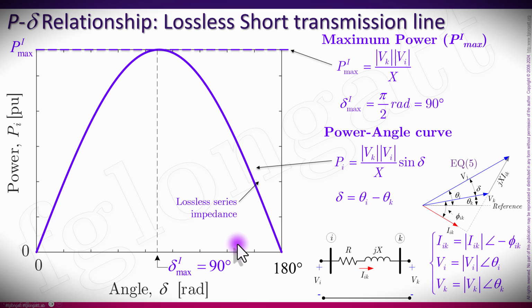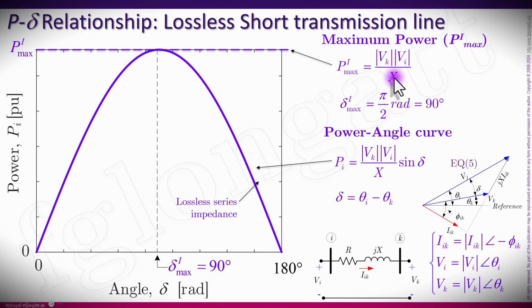One important conclusion is that 90 degrees is the angle that defines the maximum transfer in this lossless series transmission line using the short line model. So this angle, 90 degrees, is representing the maximum power.